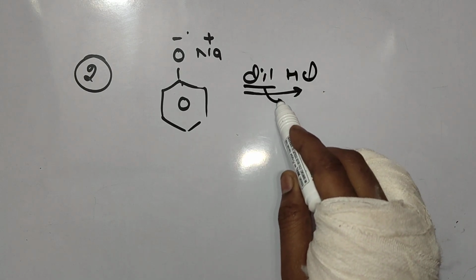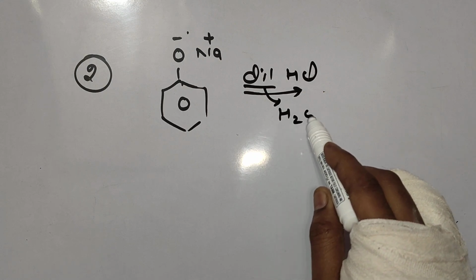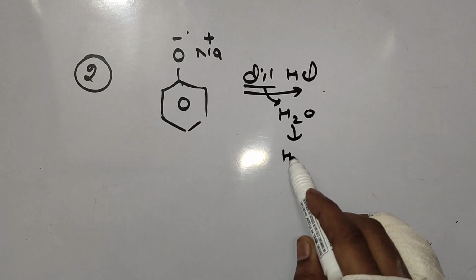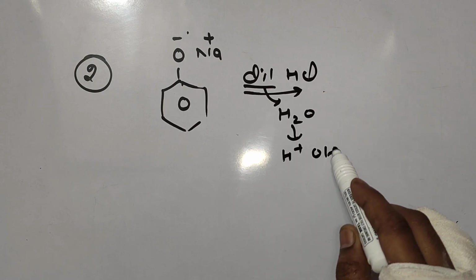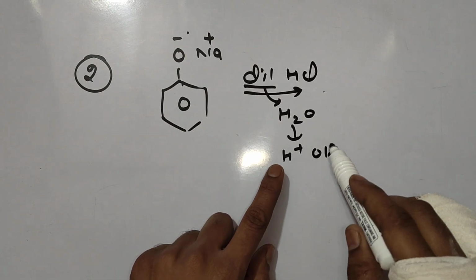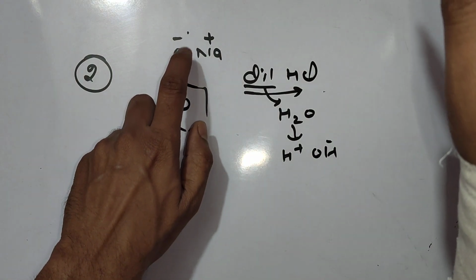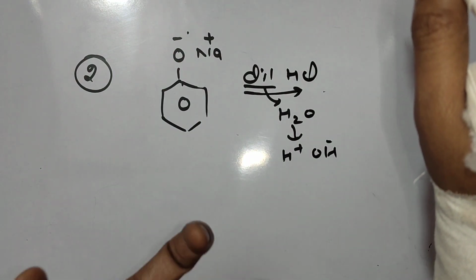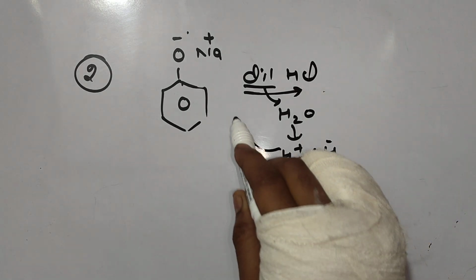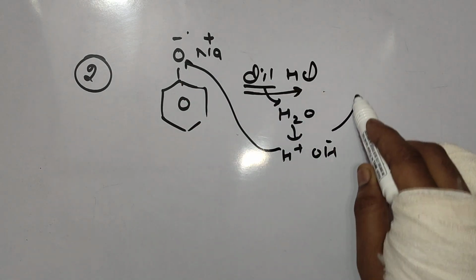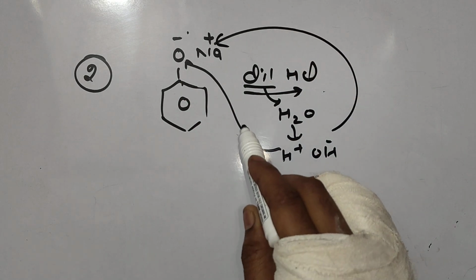In dilute HCl, a lot of water molecules are available. Water molecules will break in two parts, H positive, OH negative. With the help of H positive and OH negative, we are going to break the bond between oxygen and sodium. So we are doing hydrolysis. So that's it. H positive will attack on O negative, OH negative will attack on Na positive.